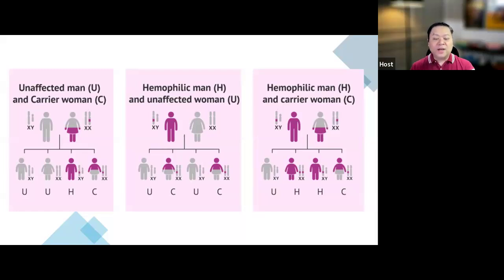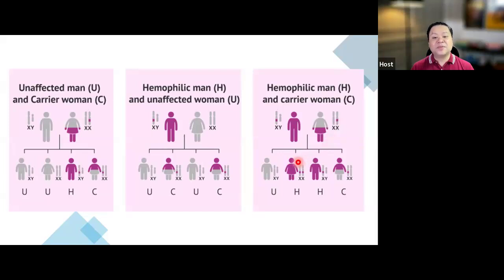So one of the daughters will potentially be hemophilic, like they will manifest the disorder. So take a look here. If the father has the X chromosome with the hemophilia, and the daughter inherits that along with the mutated gene coming from the mother, they will become hemophilic.